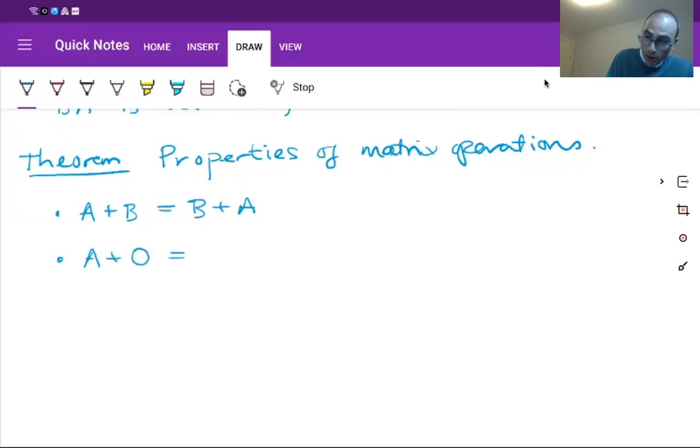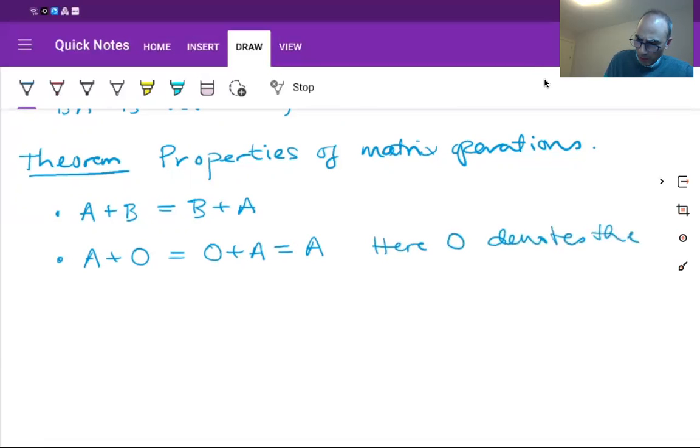So A plus 0 is 0 plus A is equal to A. Here 0 denotes the 0 matrix, the matrix containing all 0 entries.